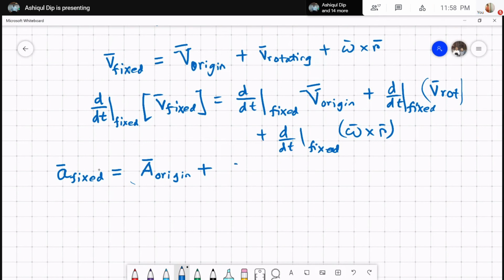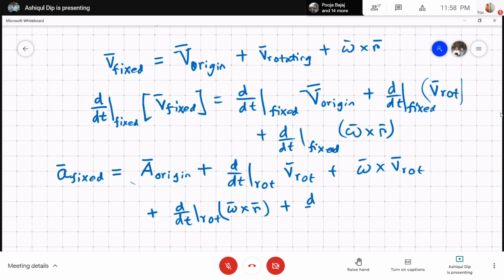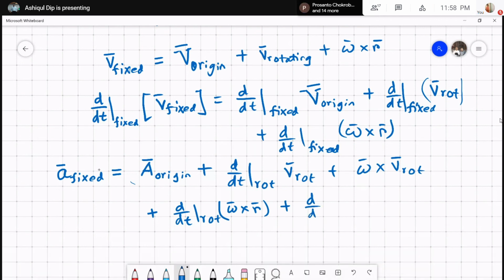This is d/dt rot on V rot plus omega cross V rot, plus d/dt rot on omega cross r plus omega cross r. Do you agree with that?